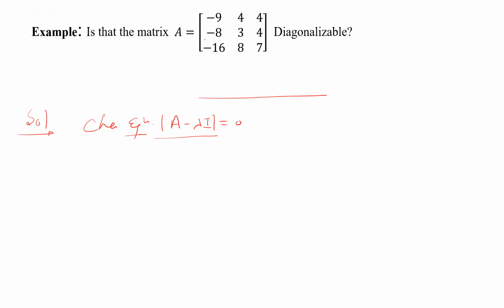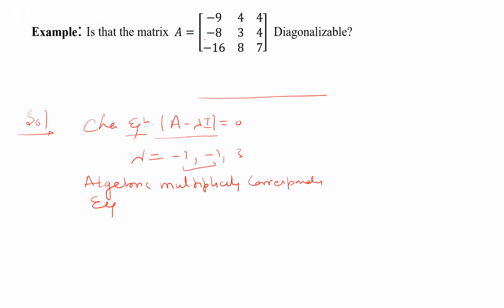So we obtain the roots minus 1 and 3. You can easily find these roots. And here you have to note that the algebraic multiplicity corresponding to eigenvalue minus 1 is 2, and for eigenvalue 3 is 1.